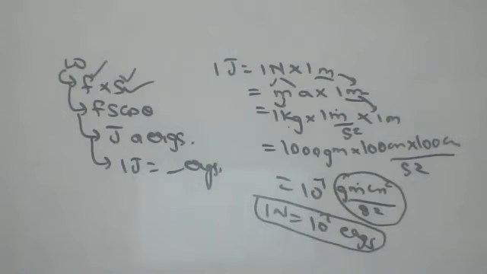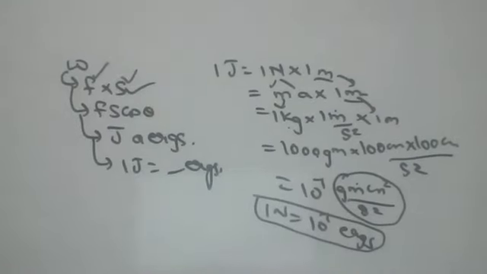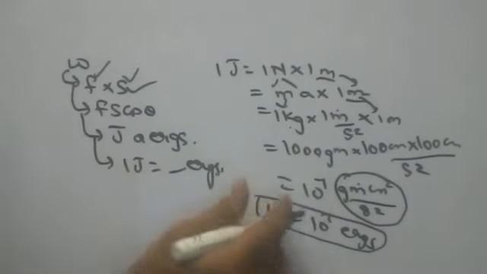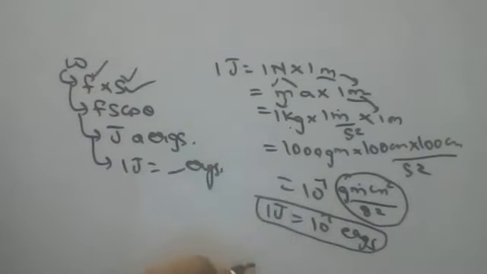I hope you are able to understand. The relationship between SI unit and CGS unit is 1 joule is equal to 10 to the power of 7 ergs.